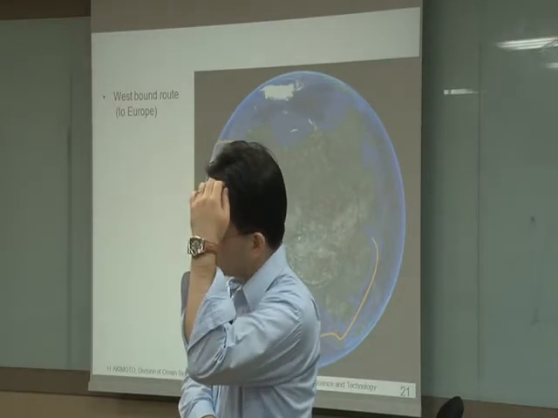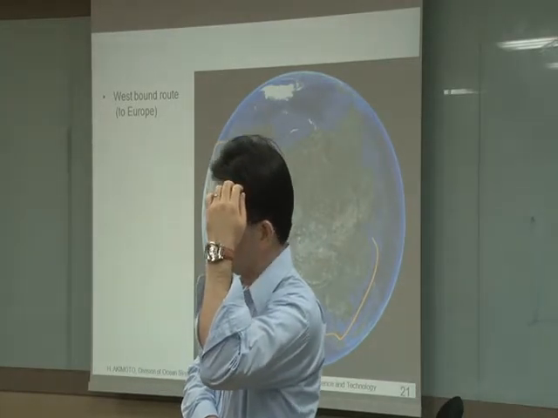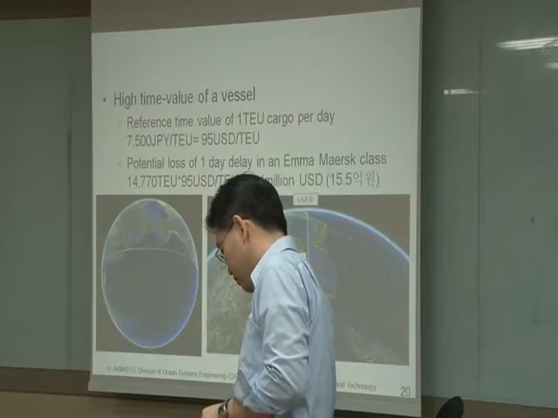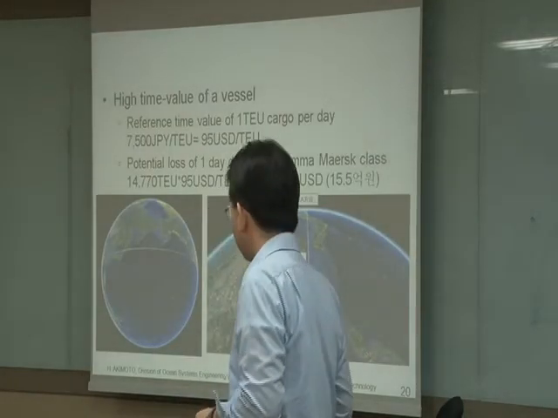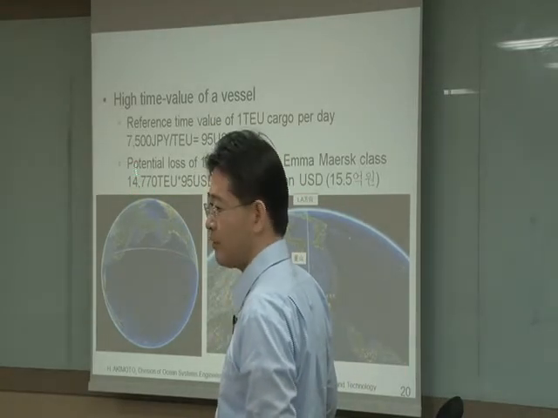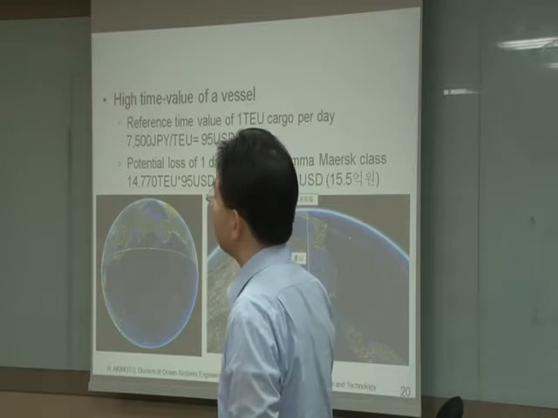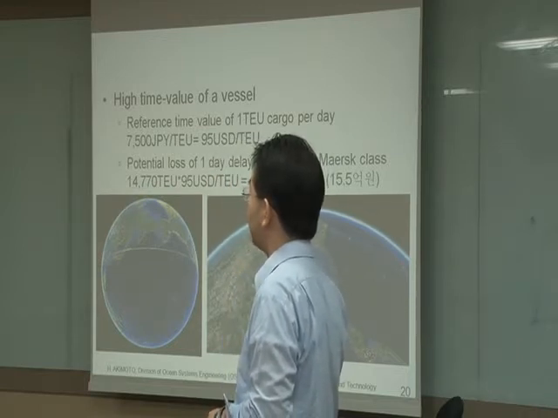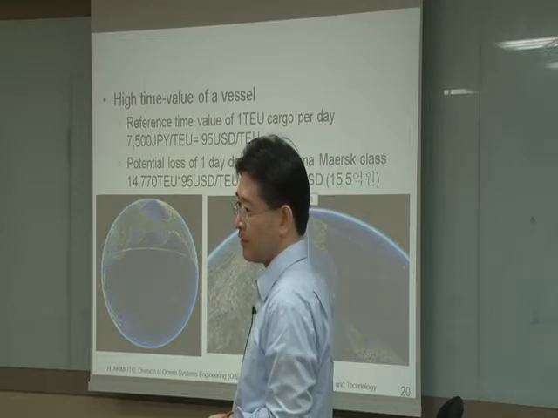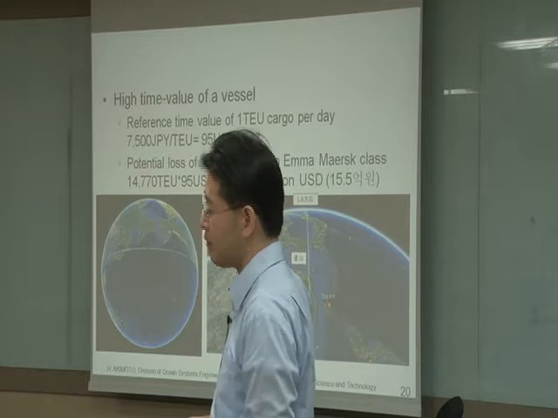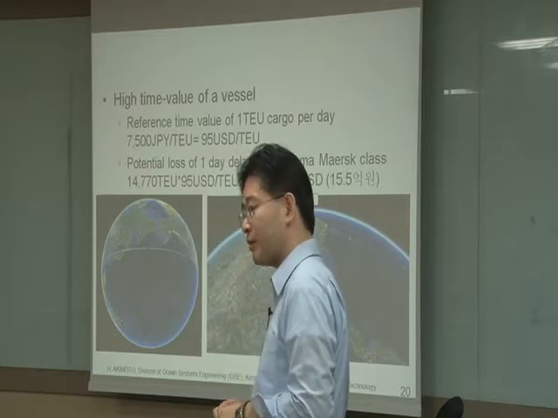The New Panama Canal is not considered for this vessel. The size of Emma Maersk is about 15,000 TEU, but the possible maximum size of New Panamax will be 12,000. So this is bigger than the expected New Panamax size.